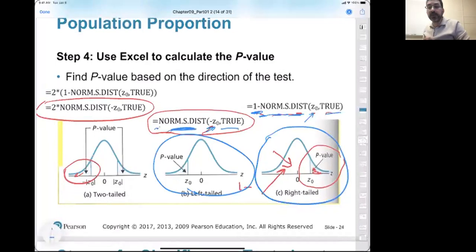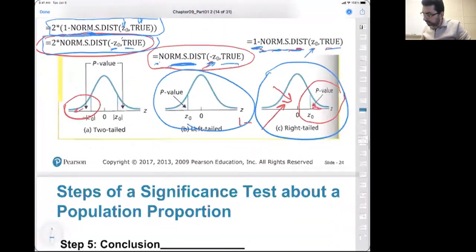If it's positive, you will use 2 times 1 minus NORM.S.DIST of the value of the test statistic and TRUE. If it's negative, you will use 2 times NORM.S.DIST of negative Z, or the test statistic value, and TRUE.